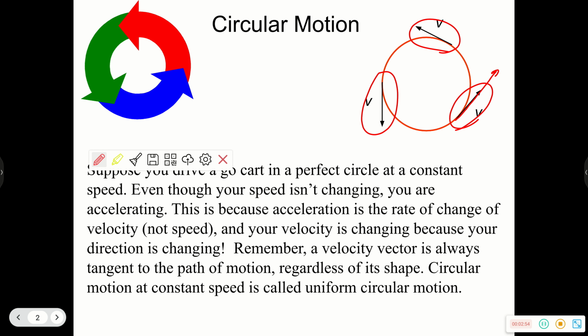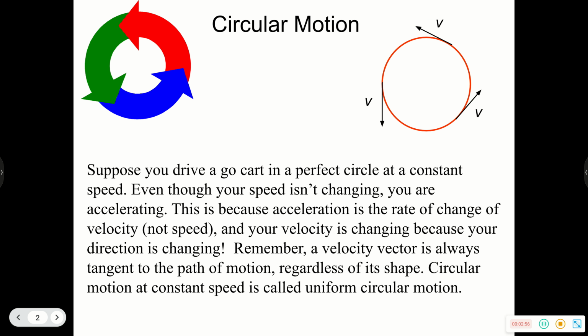But when we talk about circular motion, the velocity vector will always be a tangent to the path of motion, regardless of whatever the shape is. So circular motion at a constant speed, meaning the magnitude remains the same but the direction is changing, is called uniform circular motion.